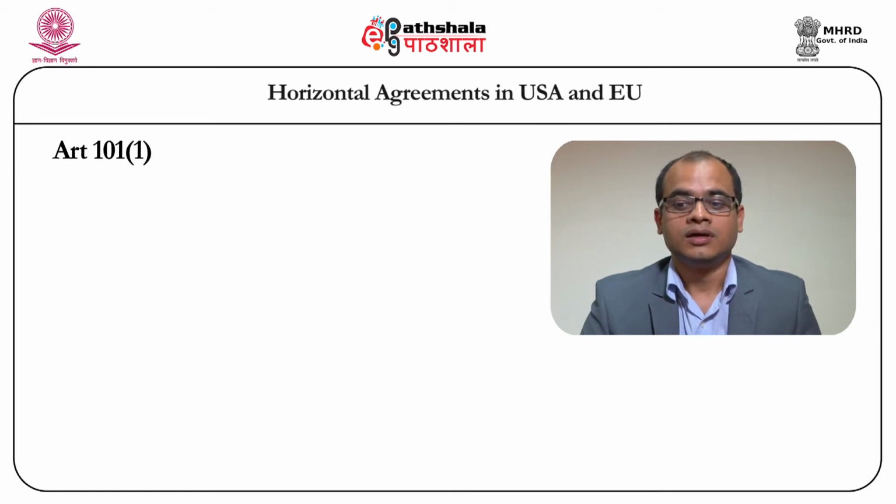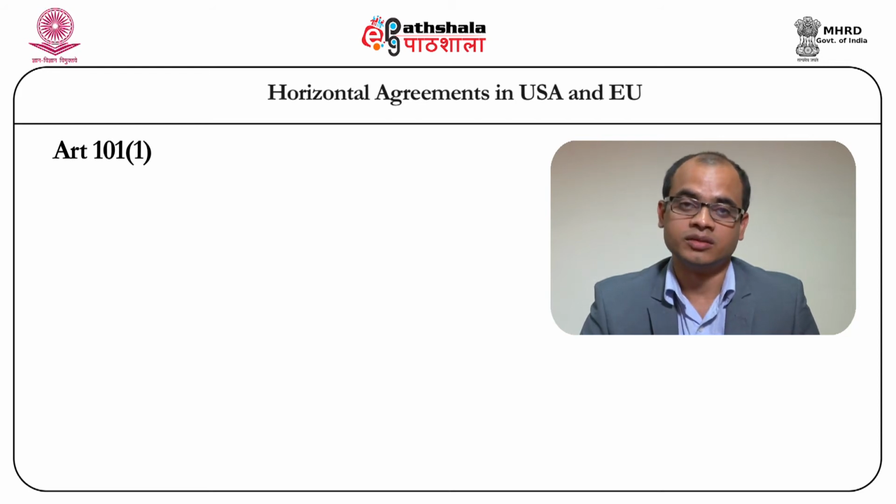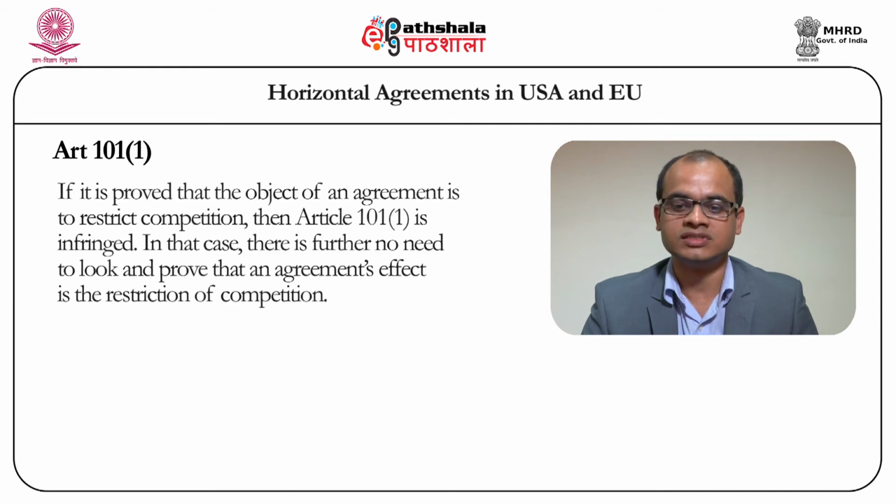So, the existence of an undertaking or association of undertakings needs to be shown. Then one needs to show that there was collusion, an agreement between undertakings, having the object or effect of prevention, restriction or distortion of competition. Next, it needs to be proved that there is an appreciable effect on competition between the member states.